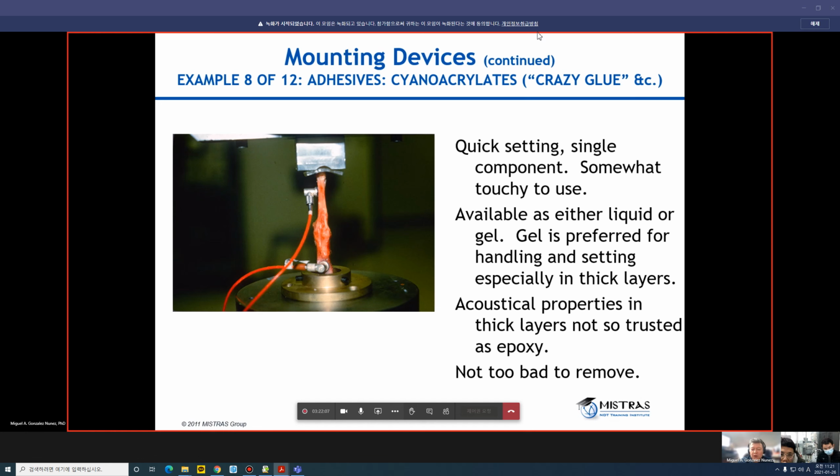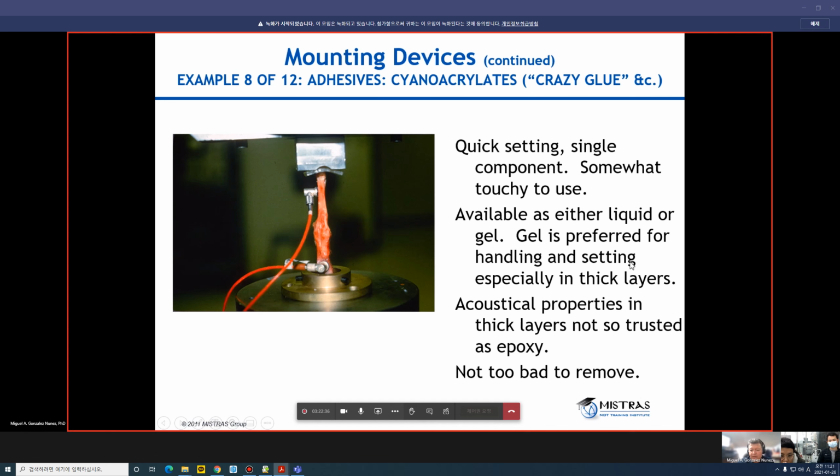Yeah. So that is a cyanoacrylate adhesive. These adhesives set quickly, in about 5 minutes or less. They don't need to be mixed. It's a single component adhesive, and it's somewhat touchy to use. They are available as either liquid or gel.